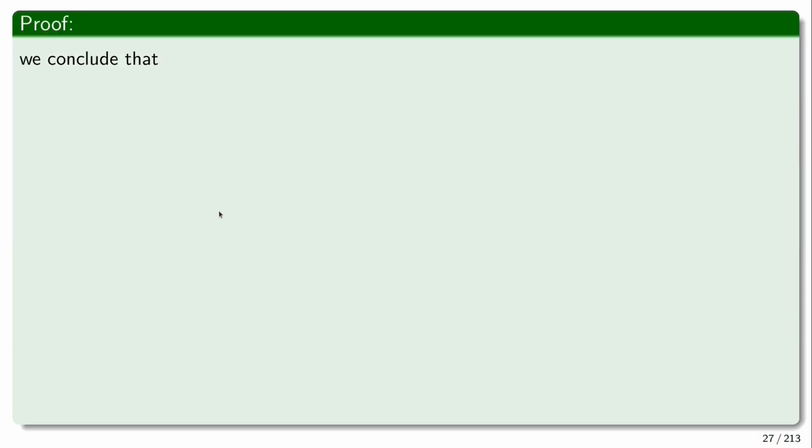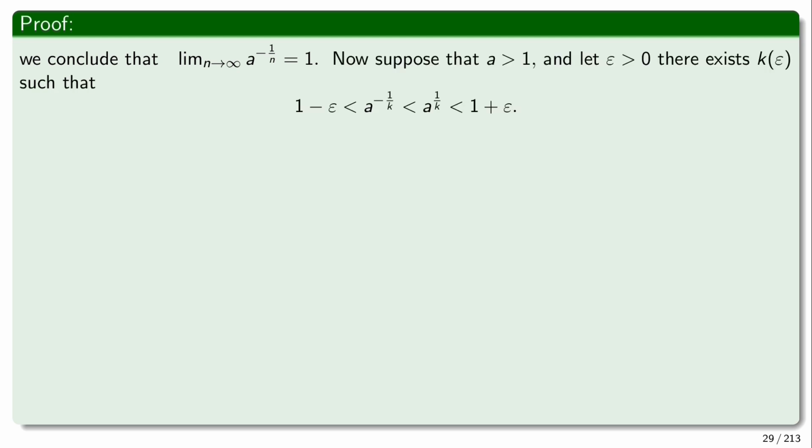So we conclude that this limit is 1 as well, and you probably guess that we're going to invoke some kind of sandwich theorem here. How is it going to work? Since a is bigger than 1 and epsilon is positive, there exists a number k that depends on epsilon such that this holds.